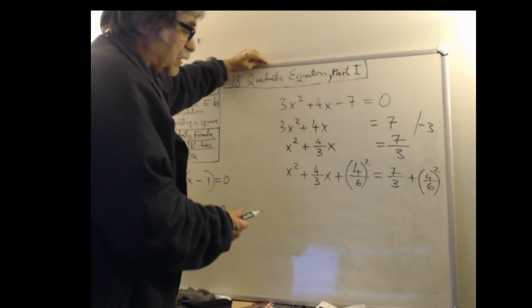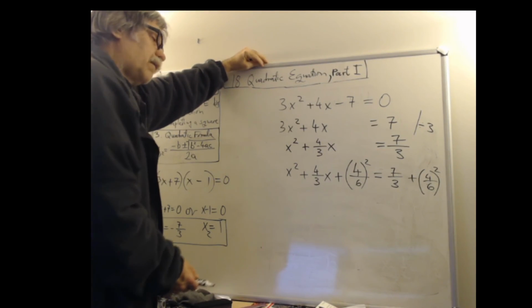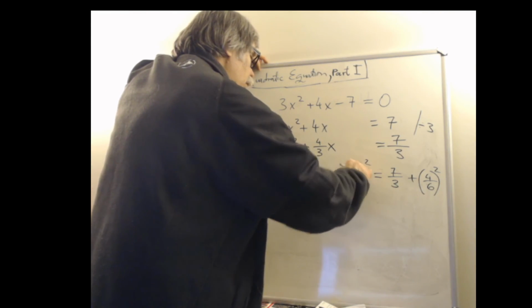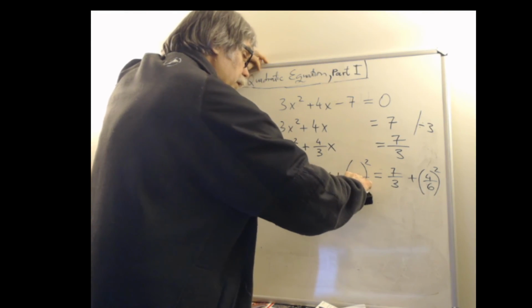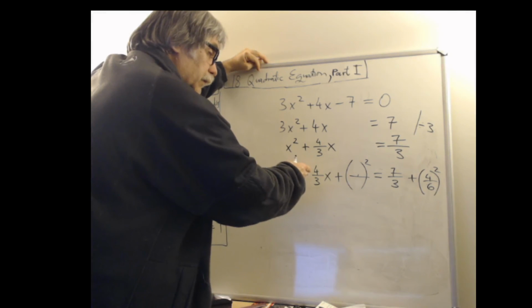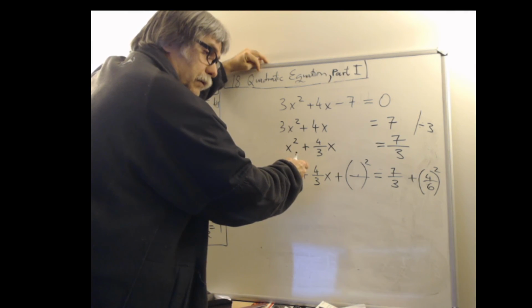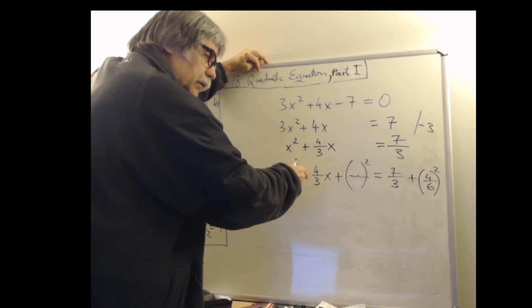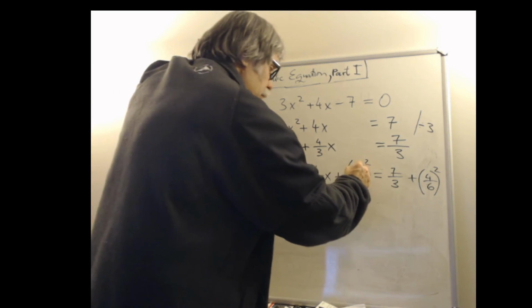I could have been a little smarter. I could just think about it. 4 thirds, so half of that is 2 thirds, right? But again, if you cannot half the numerator, I could, because half of 4 is 2. If you cannot half the numerator, you double the denominator.